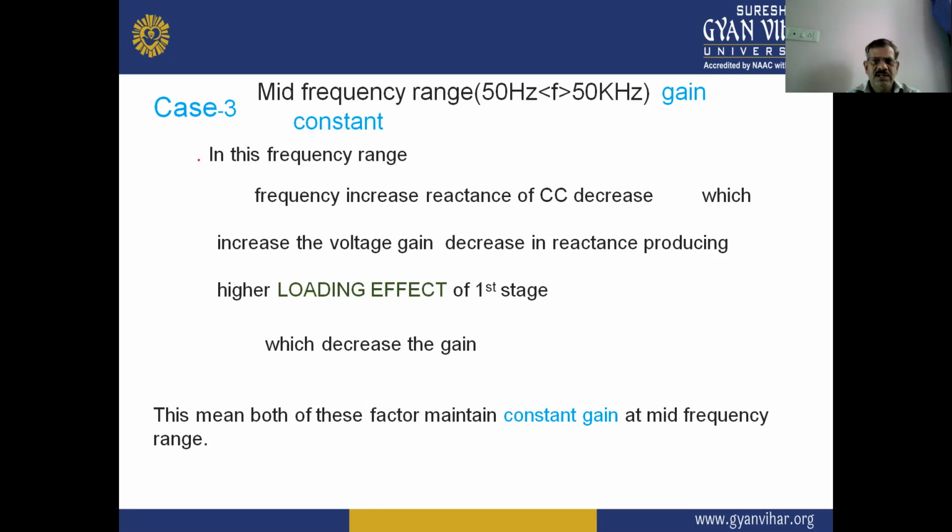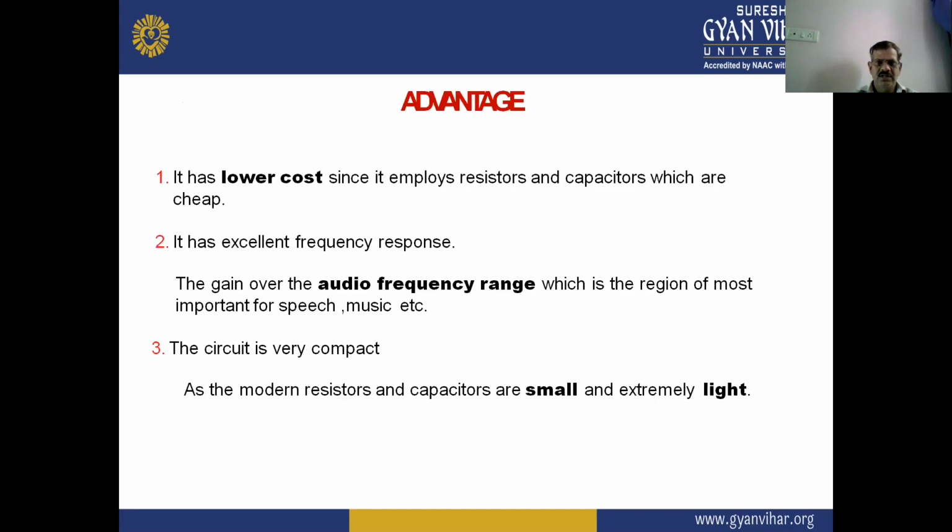In this frequency range, as frequency increases, reactance of CC decreases, which increases the voltage gain. Decrease in reactance also produces higher loading effect of first stage, which decreases the gain. This means both of these factors maintain constant gain at mid-frequency range.